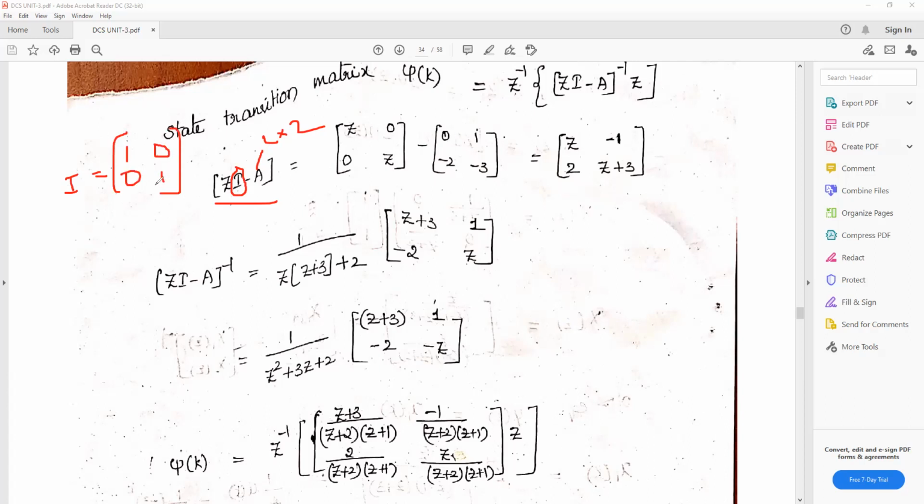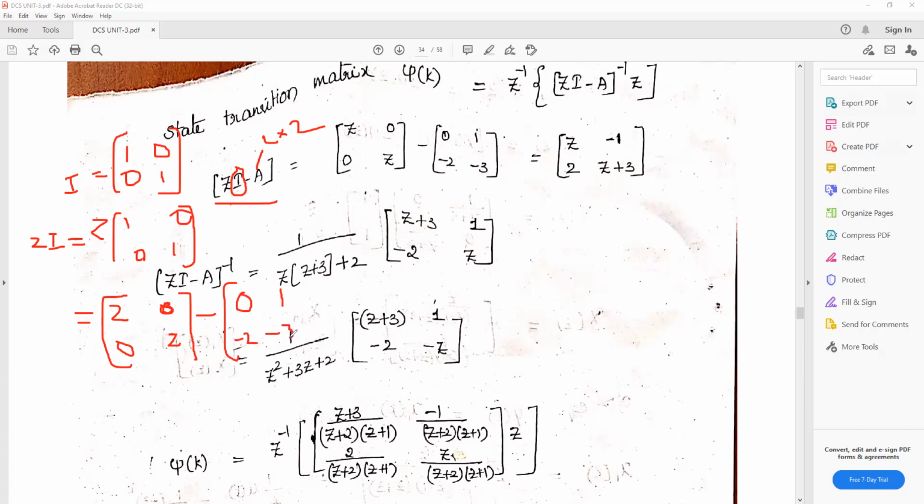So z into I is [z 0; 0 z], minus the A matrix [0 1; minus 2 minus 3].